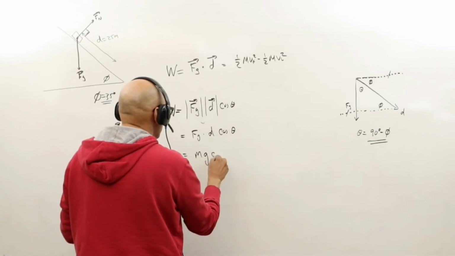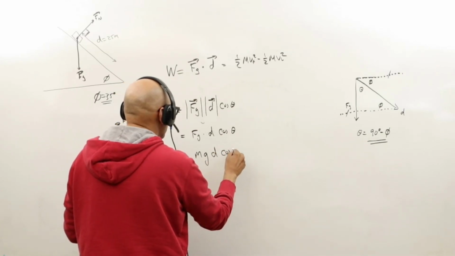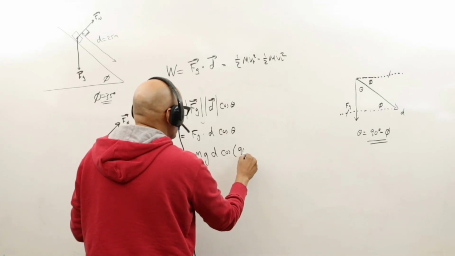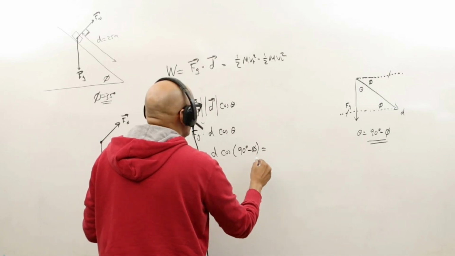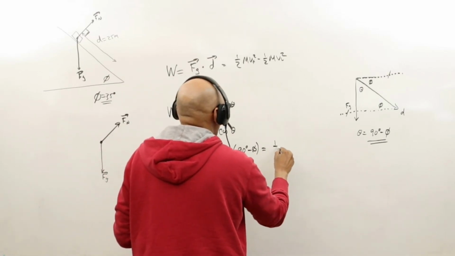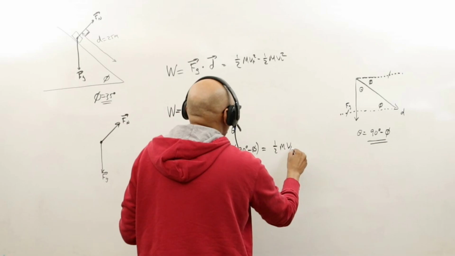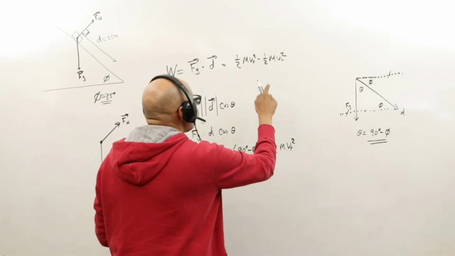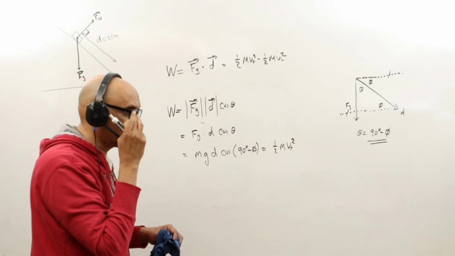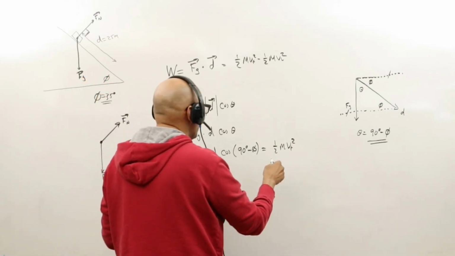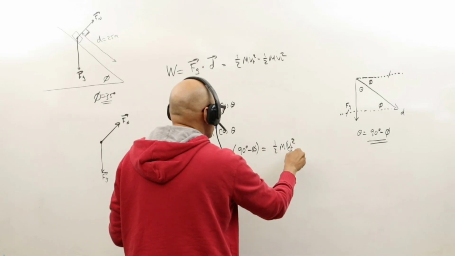So mg d cosine of 90 degrees minus phi is equal to one half m v final squared. The initial speed is 0 because it starts off from rest, so we don't have to worry about that. And what we're trying to solve for is v final.